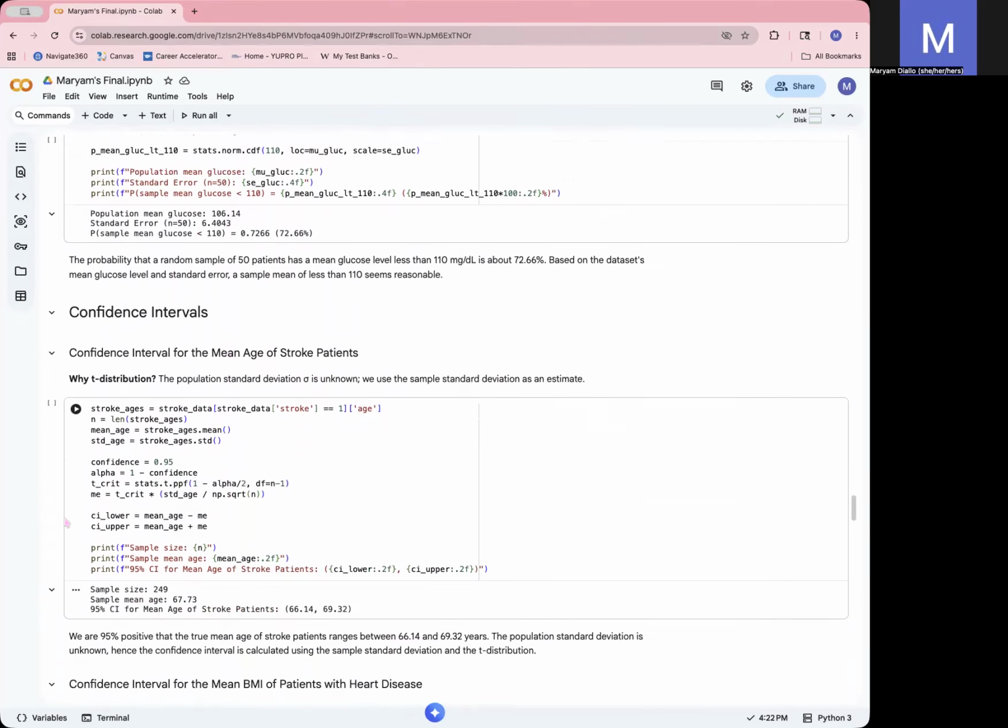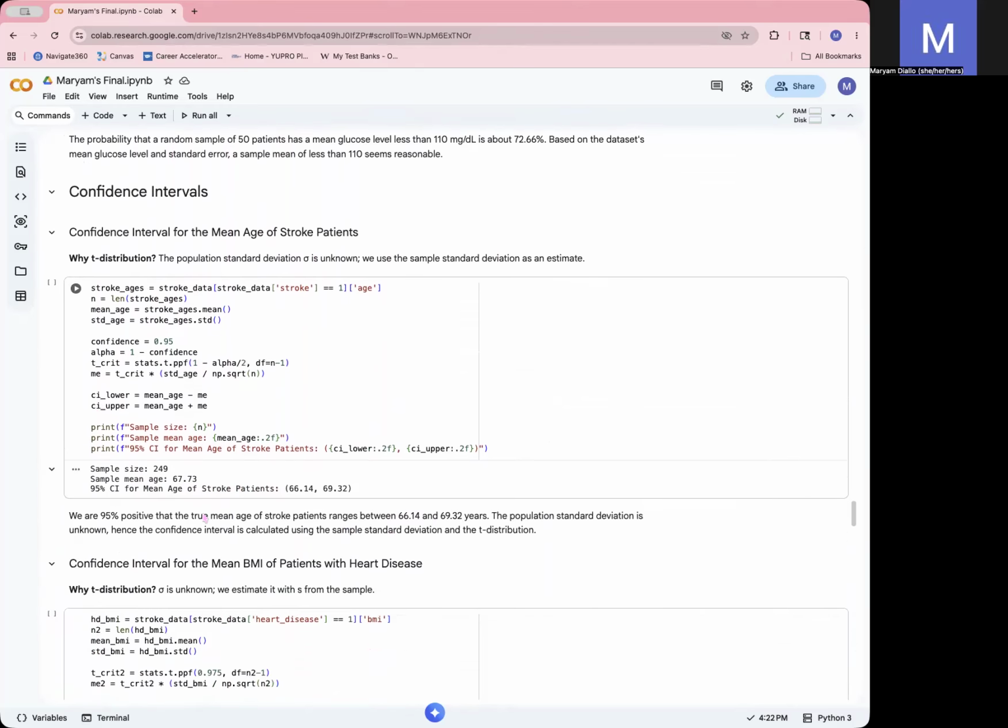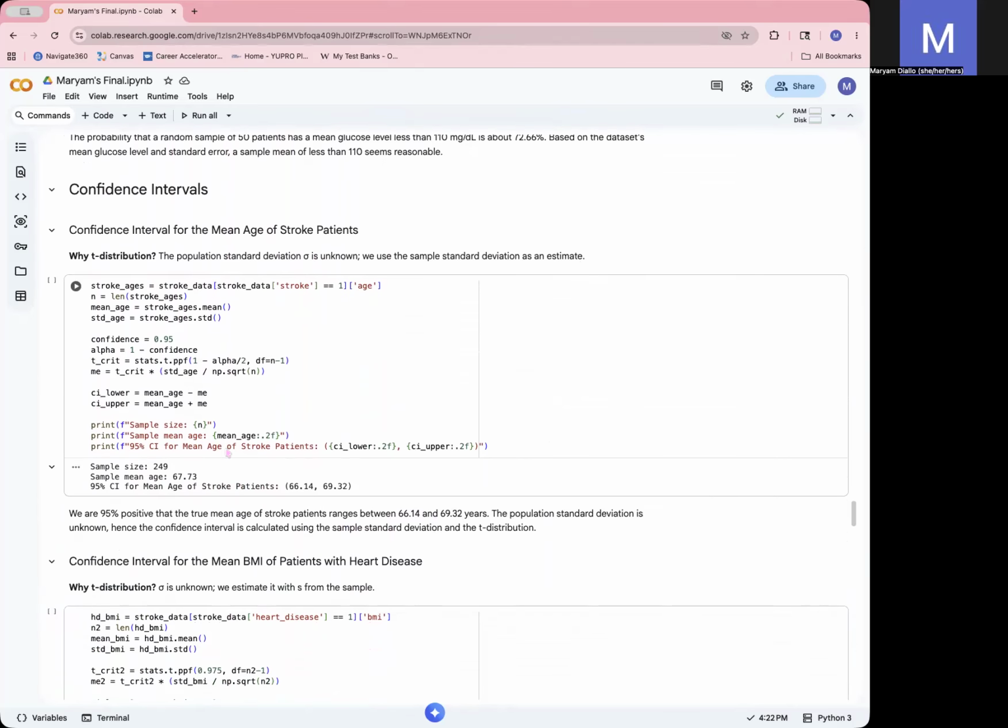Next, for our confidence intervals, the first one I used a t distribution because the population standard deviation is unknown, so we use the sample standard deviation.